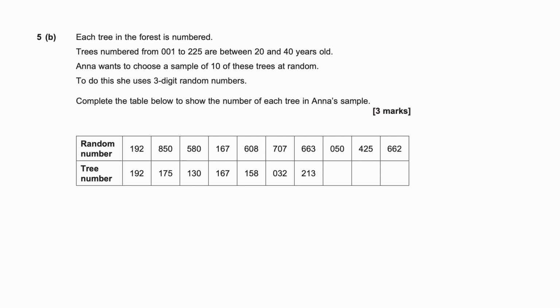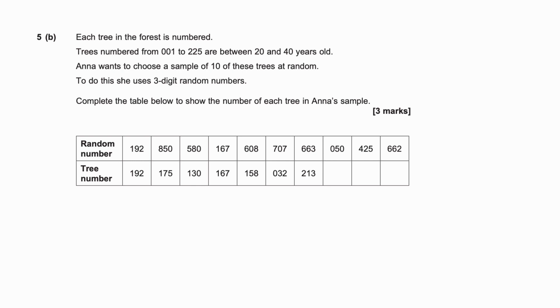So in this part B, we are using a random 3-digit number generator. Anna wants to get a sample of 10 trees, but the trees are numbered from 1 to 225, and she wants 10 of those.